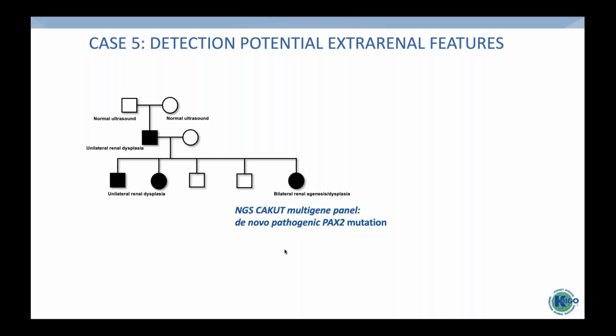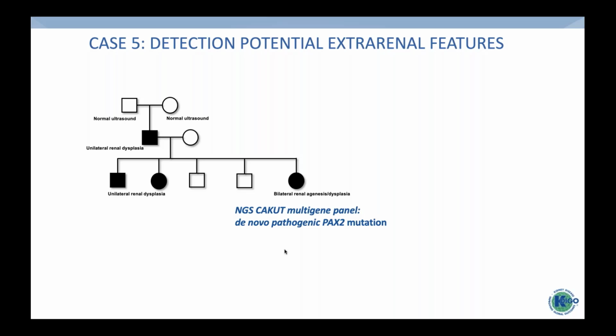Another case of the importance of doing a genetic diagnosis is this family. You can see that there are many patients with a Kakut-like phenotype, renal dysplasia, unilateral or bilateral. What we often see in Kakut families is that there is a Kakut phenotype, but there is a difference in the severity of the symptoms.